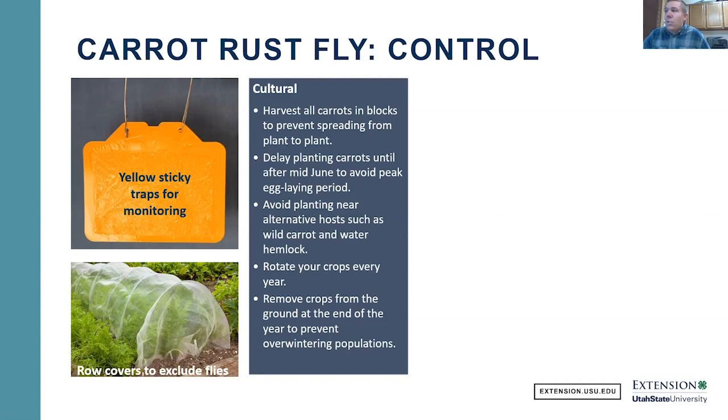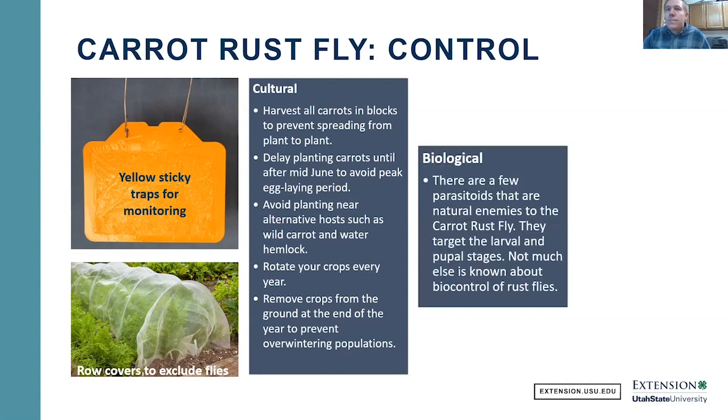And then try to avoid planting near wild carrots and hemlock plants because those are alternate hosts. Crop rotations are going to help as well. And make sure that you pull your root crops, your carrots, your parsnips at the end of the year to prevent overwintering of larvae inside of the carrot itself.